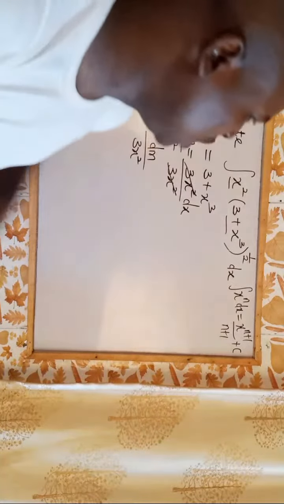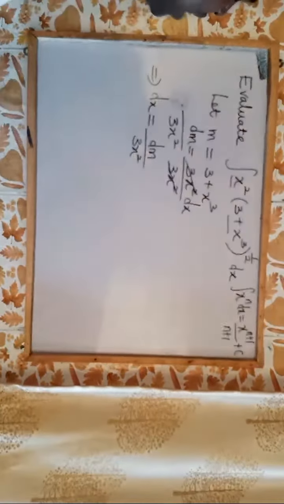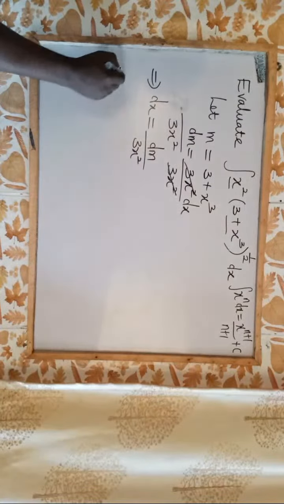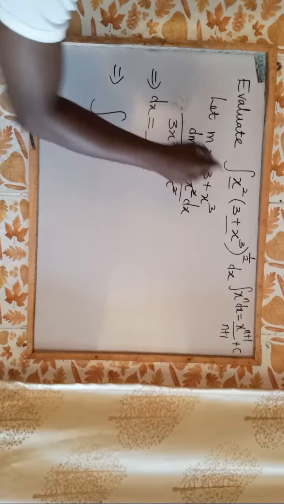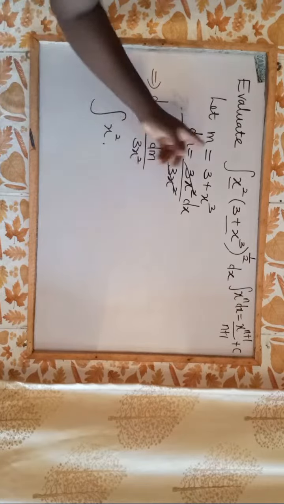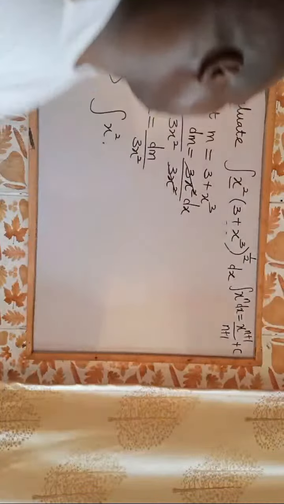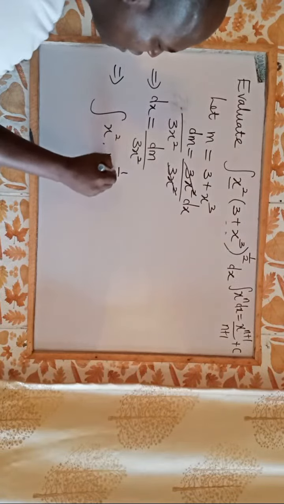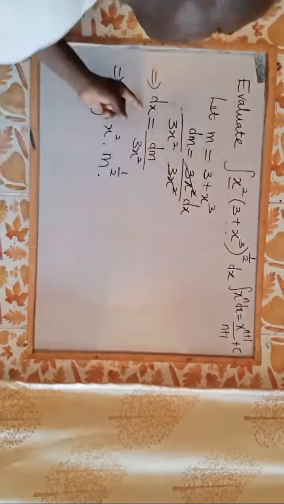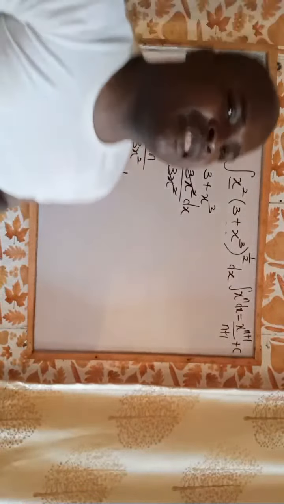So what will I do? I will now go back to the original question. If I go back to the original question, I will have integral x squared. Then here I have already used a letter to represent the whole of this bracket. Let m is equal to 3 plus x cubed. That means I'm going to have m here raised to power half. Then my dx, we said dx is equal to dm all over 3x squared.